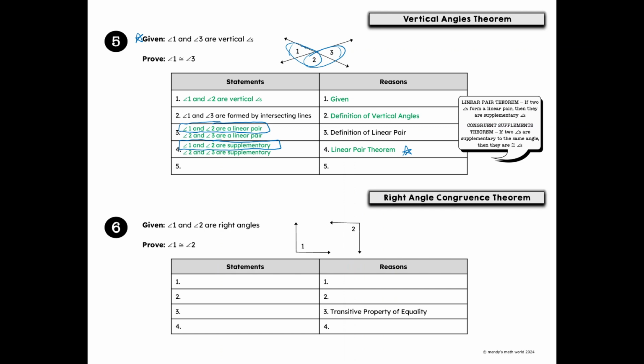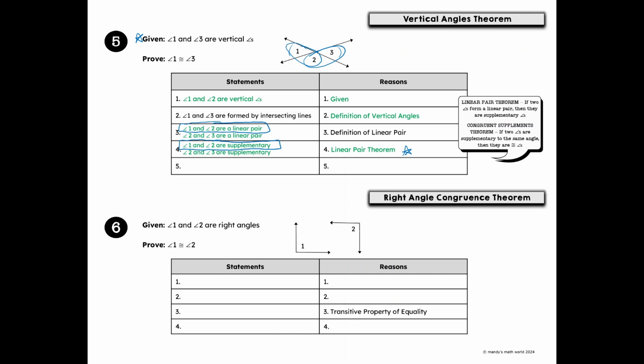We don't have to put all that in between, like how we got from the fact that they're a linear pair to the fact that they're supplementary angles. We can just say, hey, if two angles form a linear pair, then they're supplementary angles. Boom. Why? The linear pair theorem.